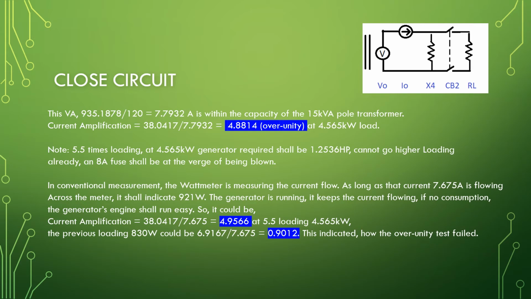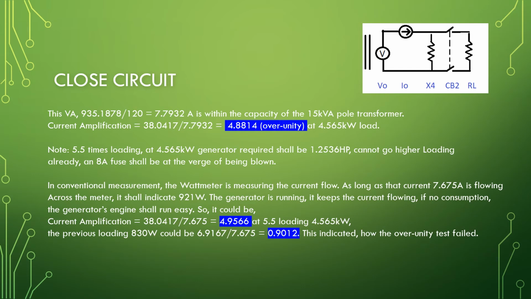So it could be current amplification equal to 38.0417 divided by 7.675 equal to 4.9566 at 5.5 loading, 4.565 kilowatt.